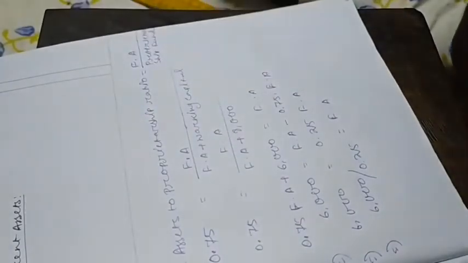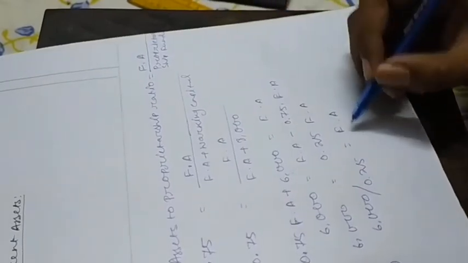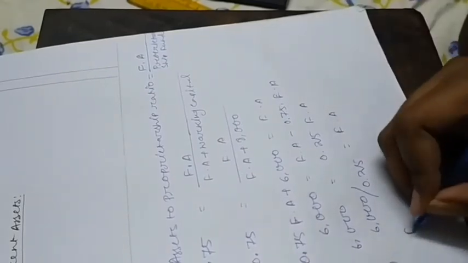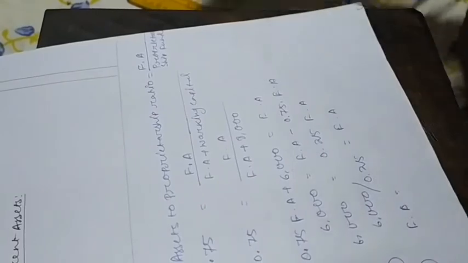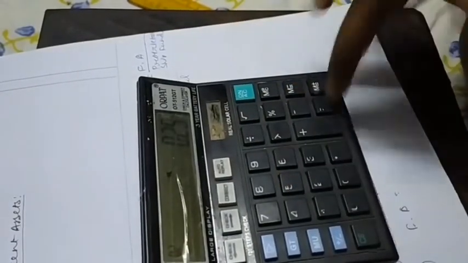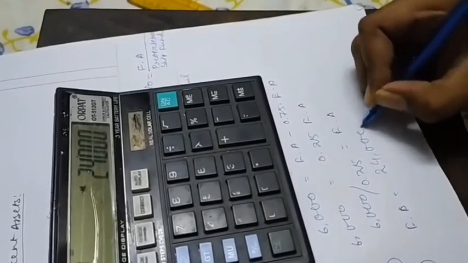I think you already know this is how I am calculating the value of fixed asset: 6,000 divided by 0.25, which is 24,000.